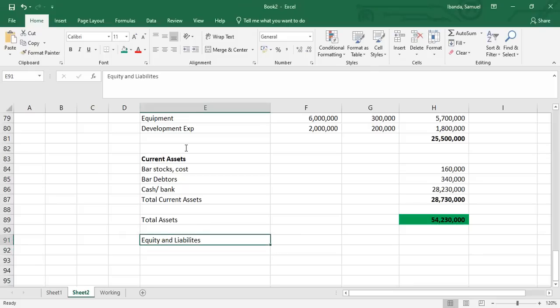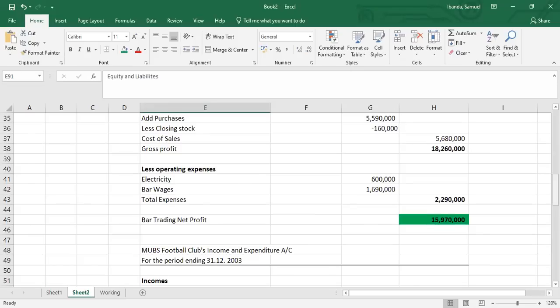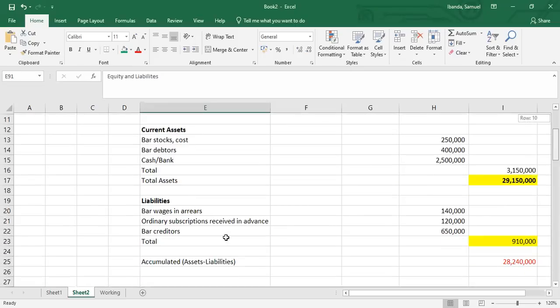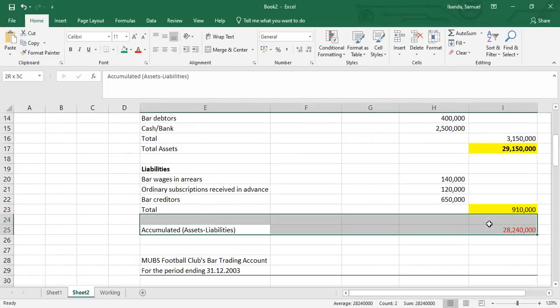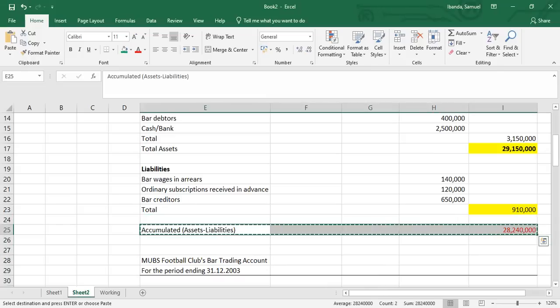Now, before even I record my liabilities, remember, at the start of this question, we calculated our accumulated fund. Now, accumulated fund would appear in your last balance sheet, okay? So we calculated our accumulated fund and it was at 28. So it is part of your equity, okay?